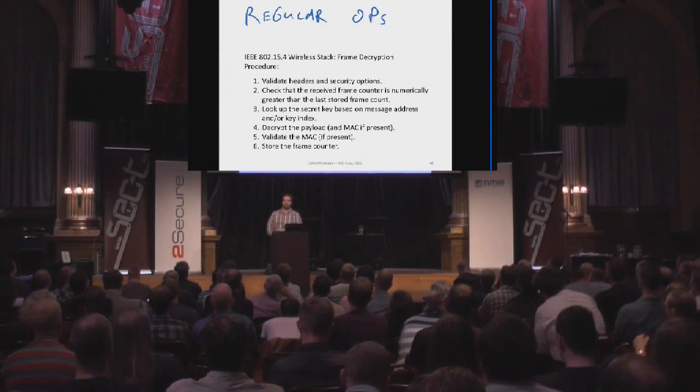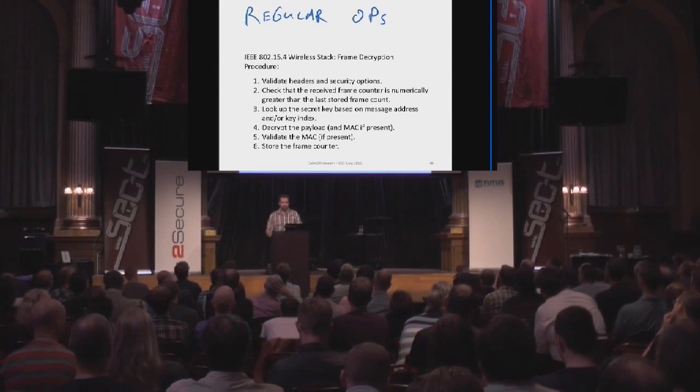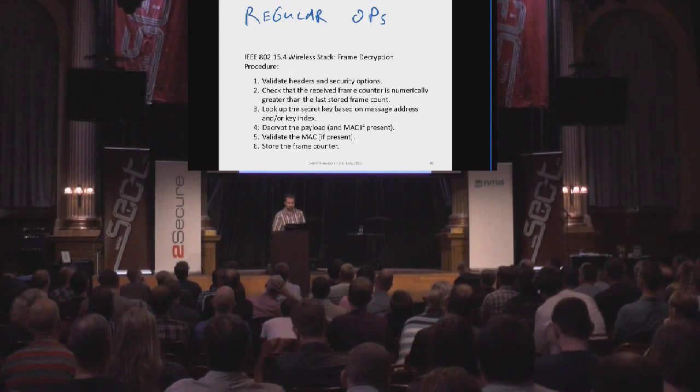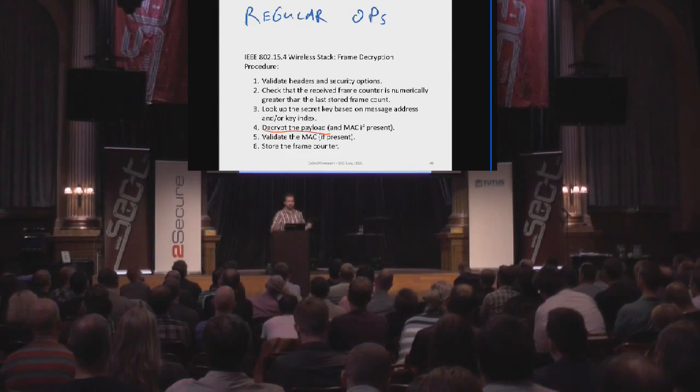One of the fun things about these stacks is, as you would expect, if I send it an encrypted frame, it does some validations, does this frame look valid, and so on. At some point, it decrypts the entire frame, which is what you expect it to do.